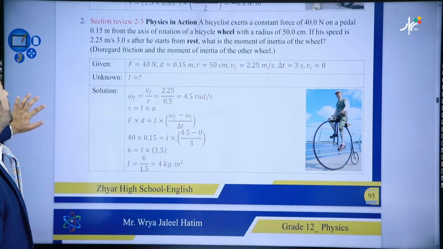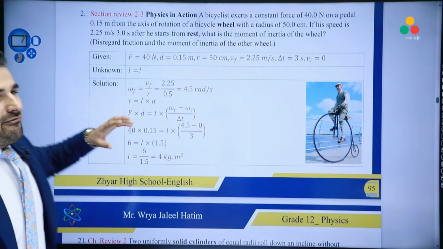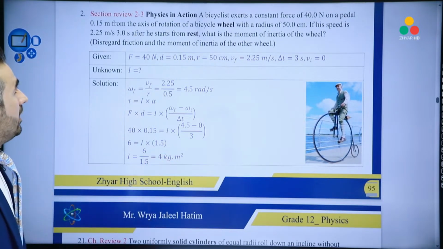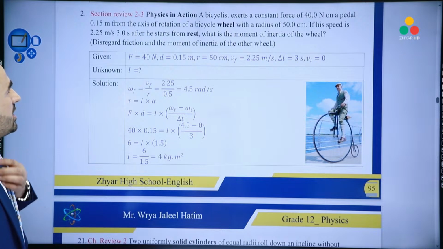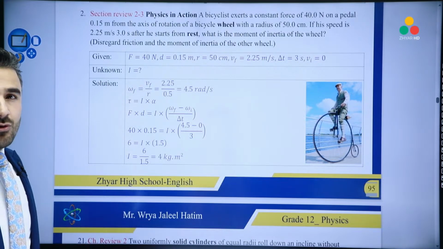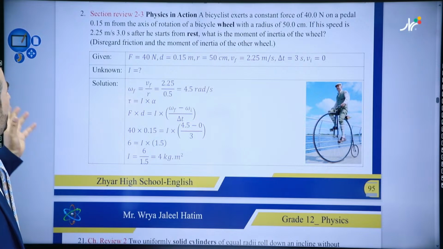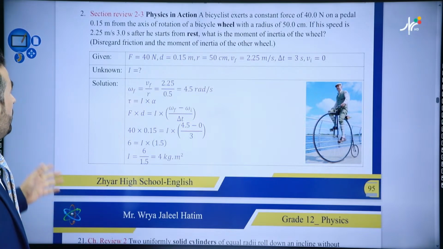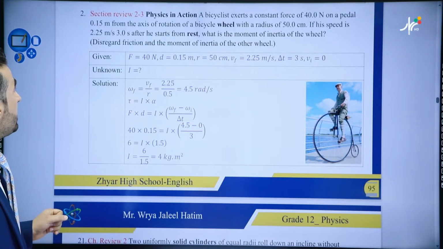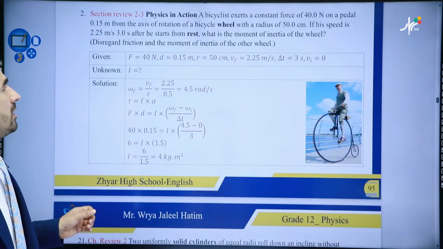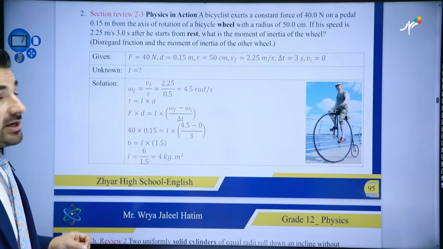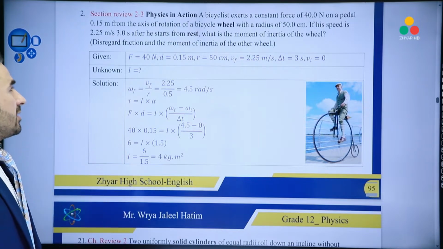Now, we have another question in the section review, physics in action. It says: a bicyclist exerts a constant force of 14 Newton on a pedal, which is 0.15 meter from the axis of rotation of a bicycle wheel with a radius of 50 centimeters.